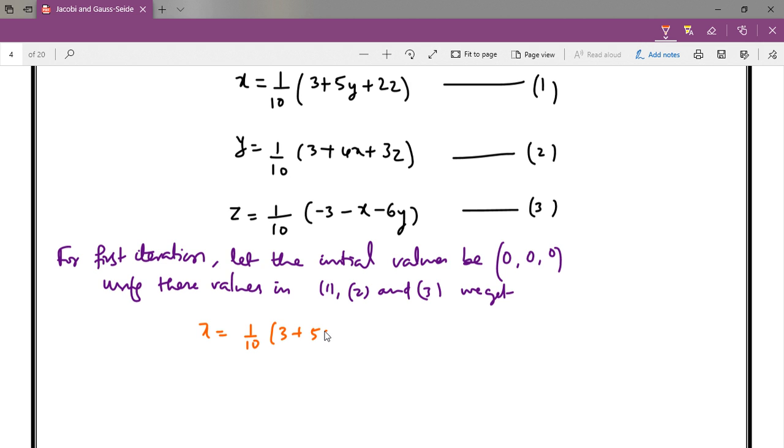Y value is 0, so 5 into 0 plus 2 into 0, so this is 3 by 10, which is equal to 0.3.